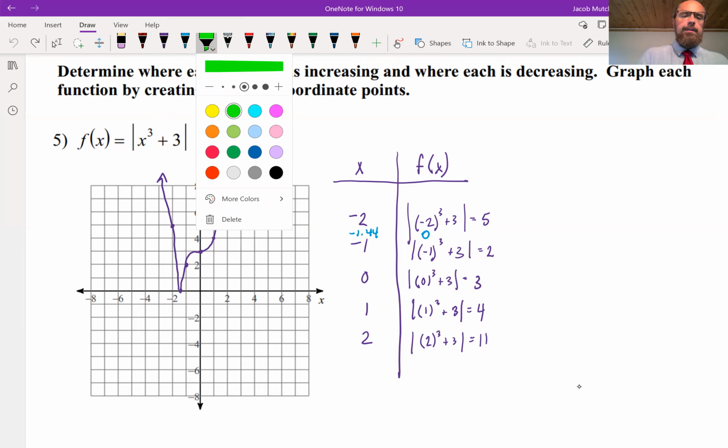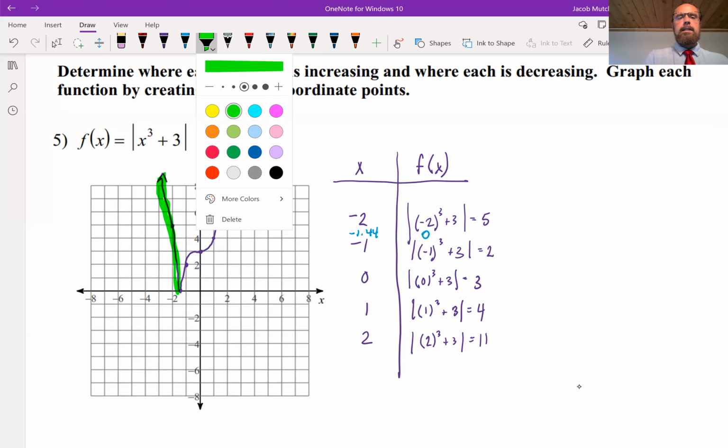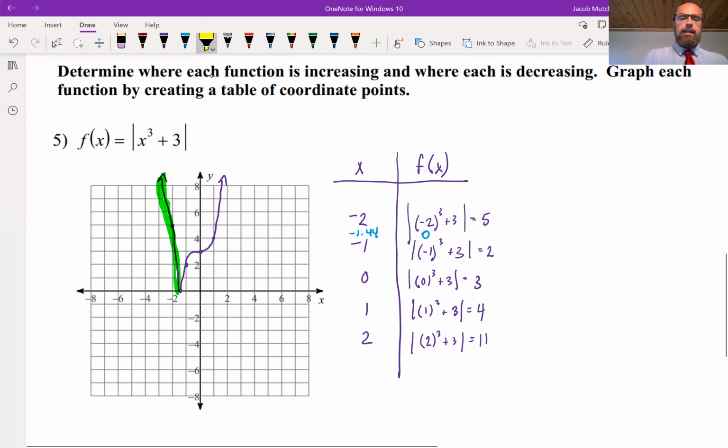I believe that it's decreasing along this interval here, the piece of the graph that's been reflected up, and then the increase looks to be everything to the right. There's no other part of the graph where it's decreasing. So our hypothesis is that we've got two different intervals here, but let's follow up with the algebra.